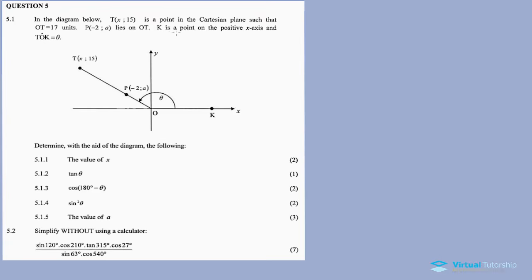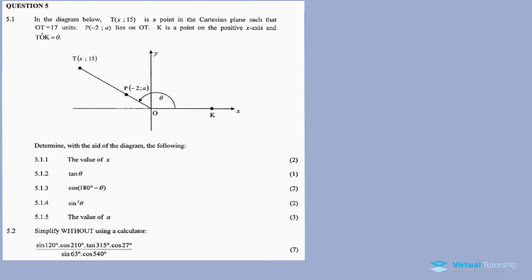Then there's K, which is a point on the positive x-axis, and angle TOK is equal to theta. Determine with the aid of the diagram the following: the value for x.